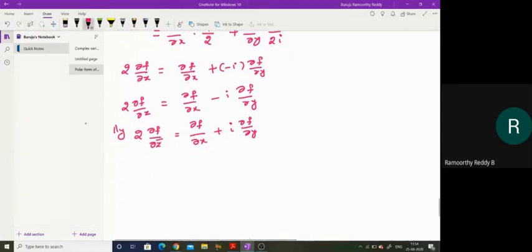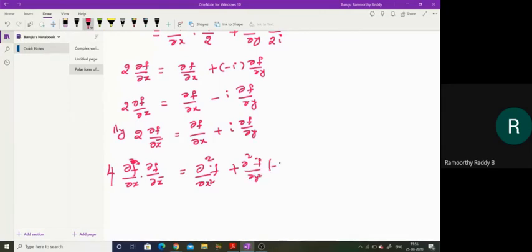Then what you need is to multiply these two. 2 into 2 is 4. It is dou f by dou z into dou f by dou z conjugate, which equals, if you multiply these two, a minus b into a plus b, which is a square minus b square. A square is dou square by dou x square, and b square is minus i whole square into dou square by dou y square.